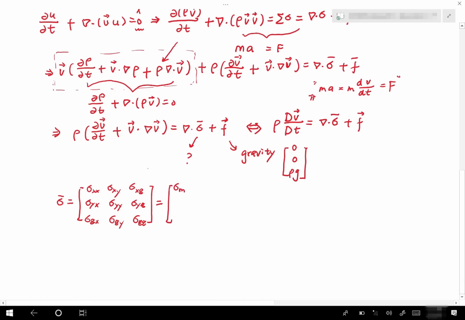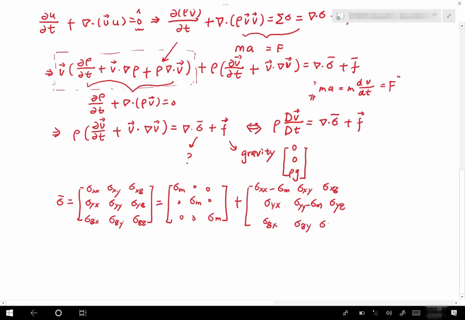So sigma m, and all the other terms are just 0, 0, 0, plus sigma xx minus sigma m, sigma xy, sigma xz, sigma yx, sigma yy minus sigma m, sigma yz, sigma zx, sigma zy, and sigma zz minus sigma m.